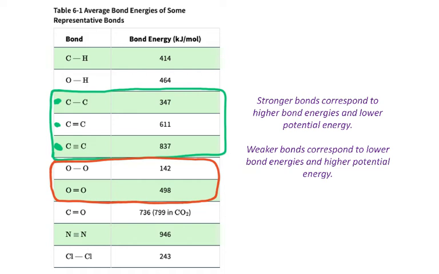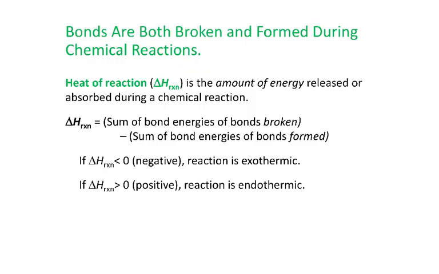Okay, so we can look at all of the bonds in our reactants and the sum of all of the bonds in the products and determine what we call the heat of reaction, or the overall delta H. That was from that last question, delta H, which is the amount of energy released or absorbed during a chemical reaction.